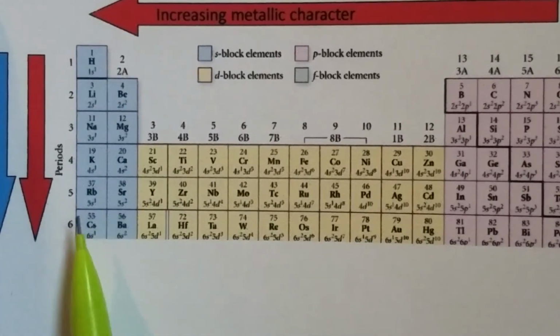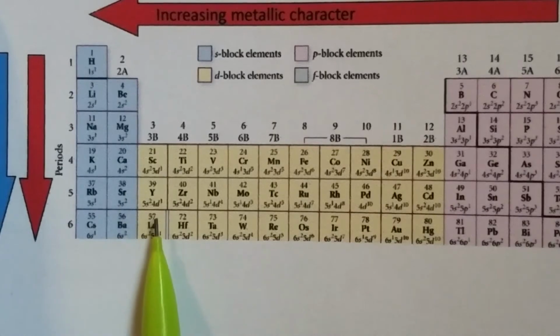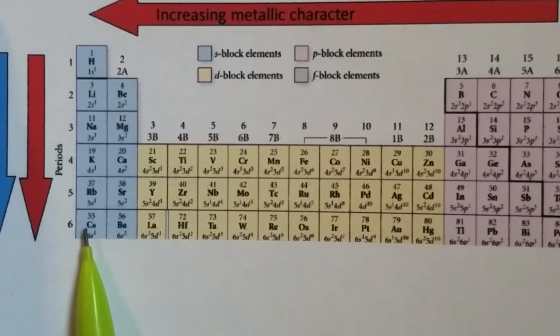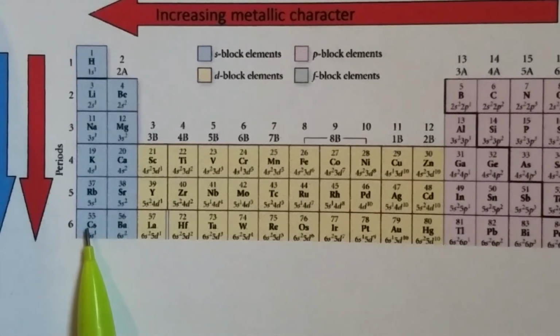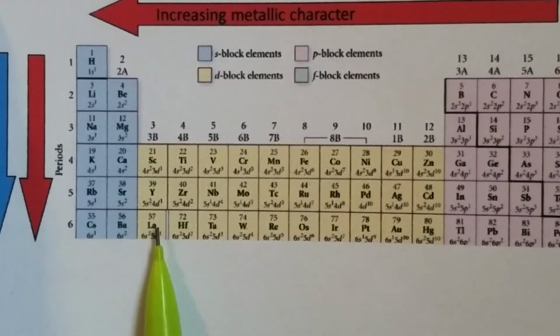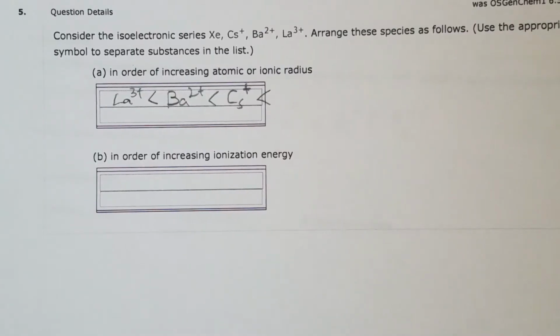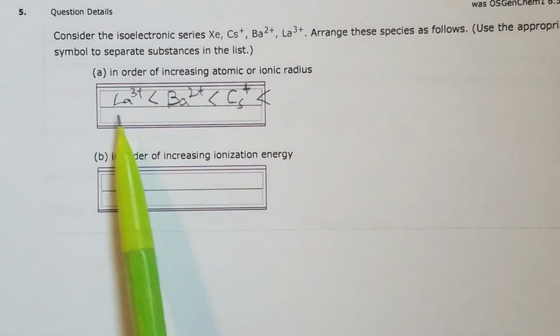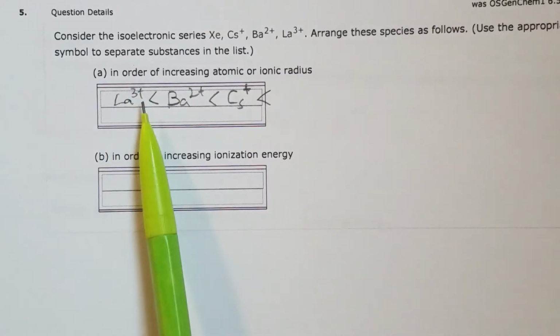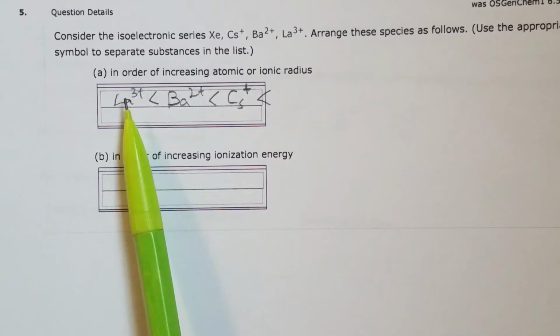since all 3 are in the same period, cesium should be the largest one, and lanthanum should be the smallest one. The barium should be somewhere in between. So therefore, we can place lanthanum 3 plus on the far left-hand side.